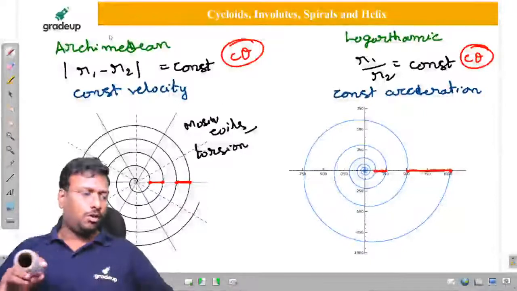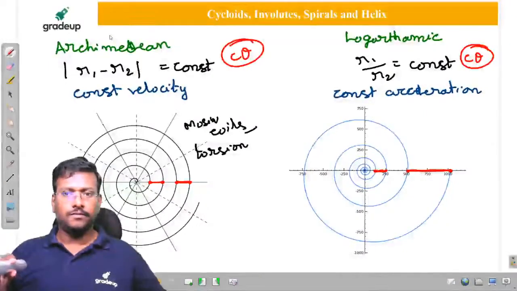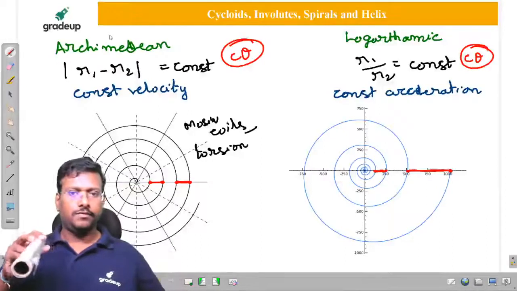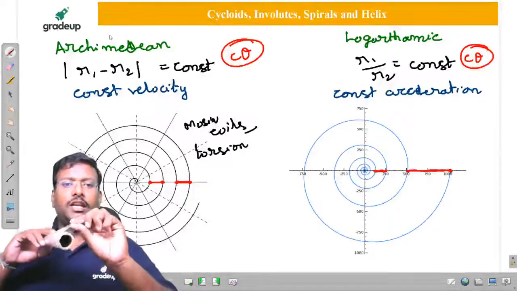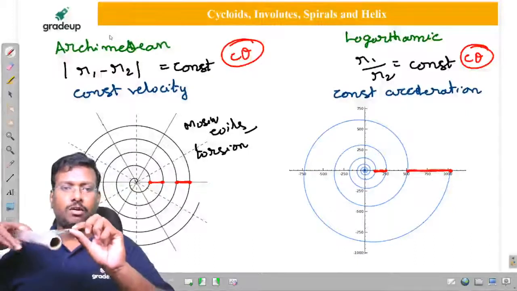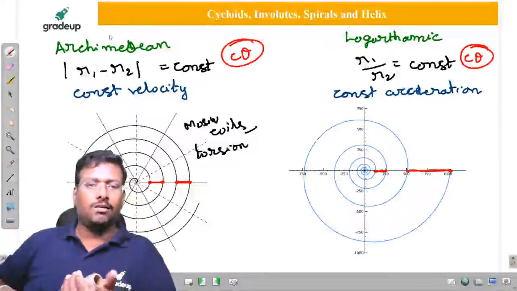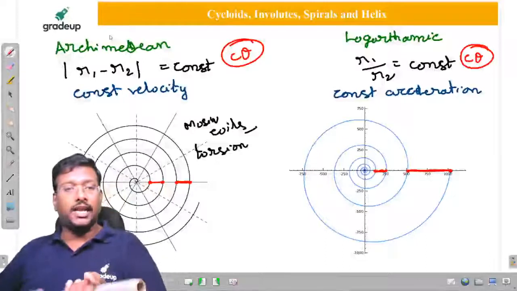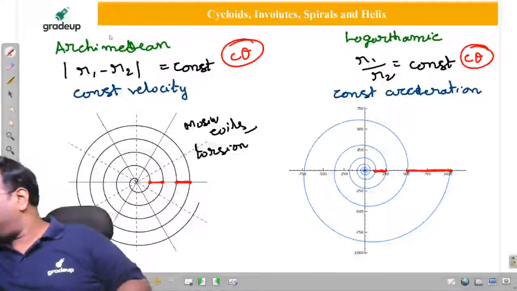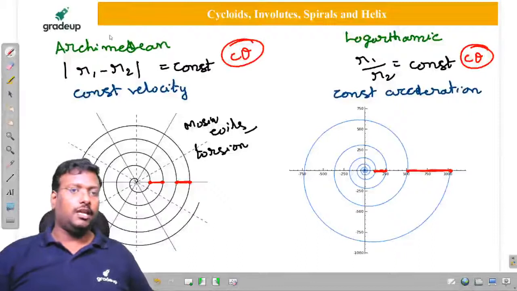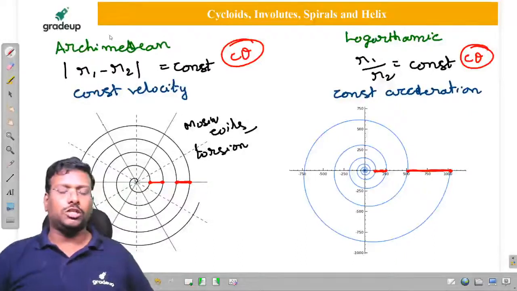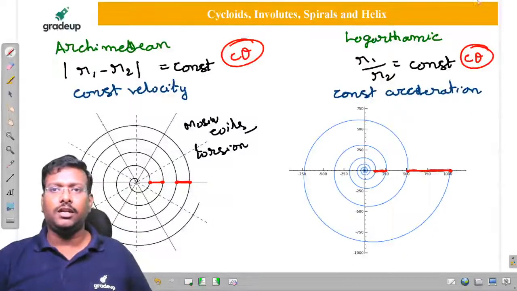So all of you observe, my dear friends, in this the tape thickness is the same, so once you observe these layers, okay, this is a little bit difficult, these layers are in an Archimedean spiral. Mosquito coil or torsion spring, all these things come under here.